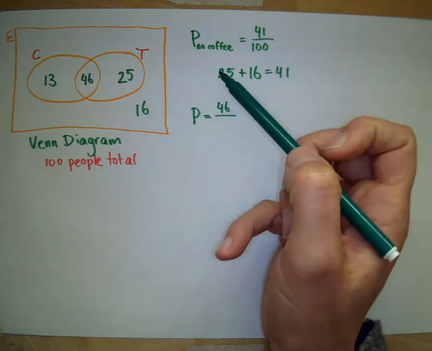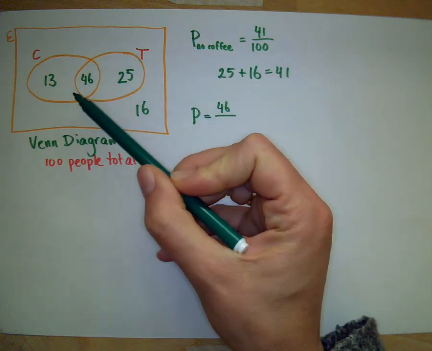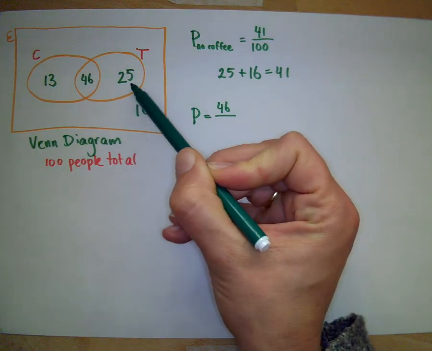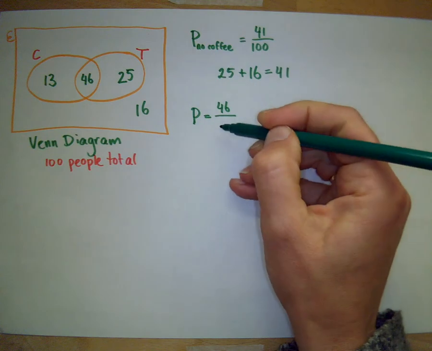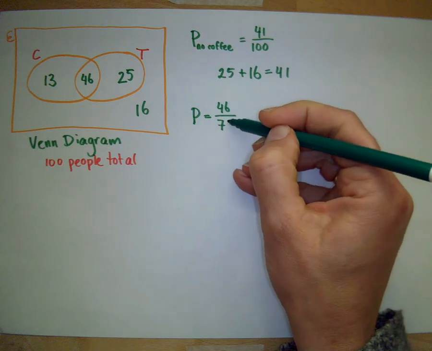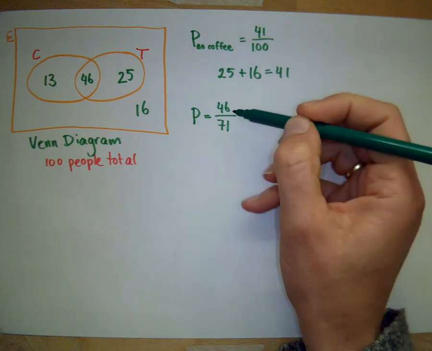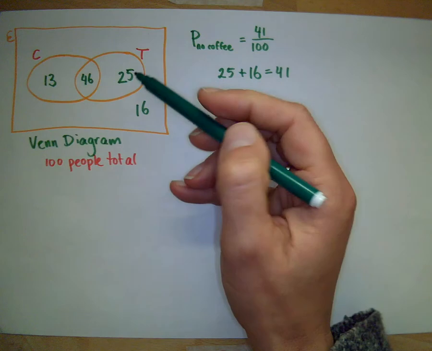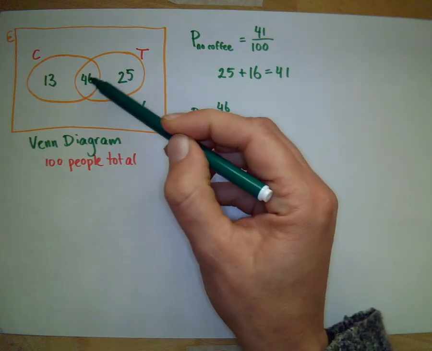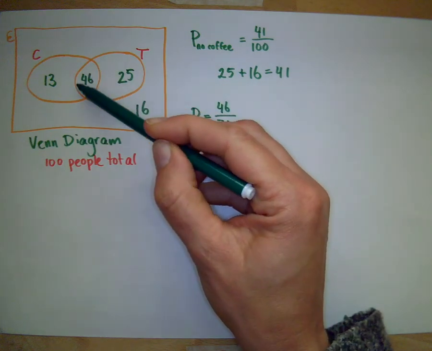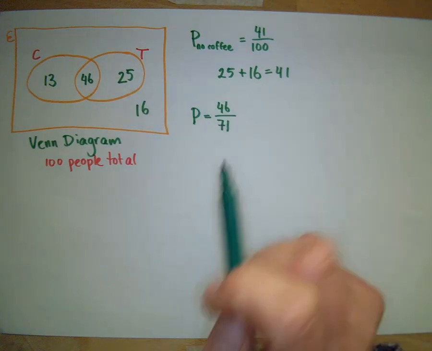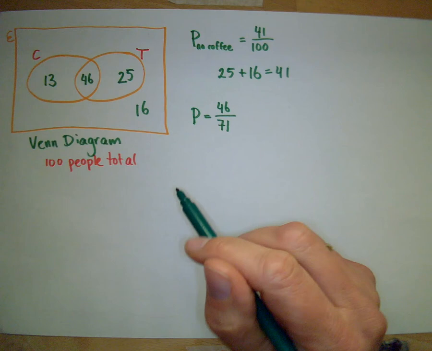We're picking them out of the group of tea drinkers, which is a total of how many people? 46 plus 25. So 71. Right? The probability that we pick a tea drinker that also likes coffee is 46 out of 71. That's the probability. Okay.